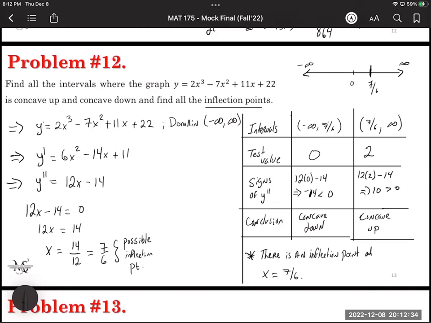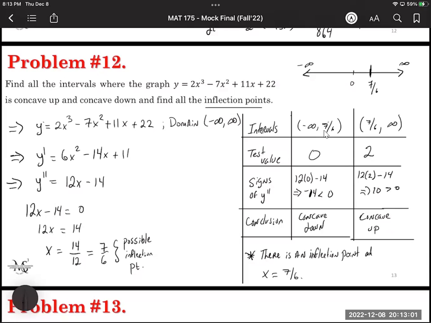I wouldn't write these values in decimal form. Just leave it the way it is as a fraction. Reducing the fraction is a little helpful because you can more easily determine what values of x go in each test and figure out the test values.